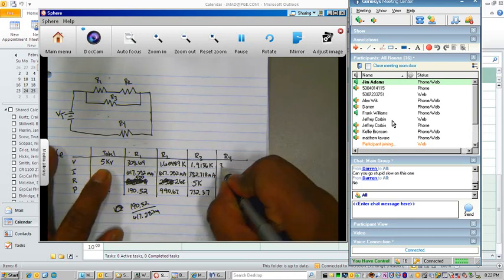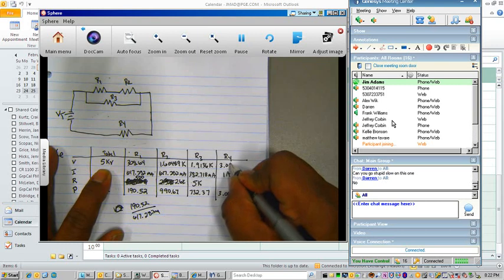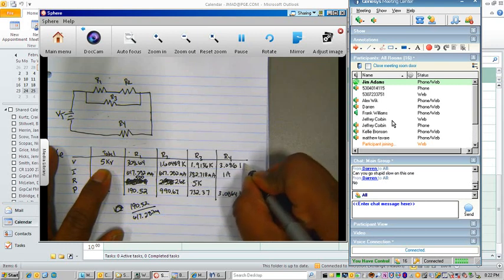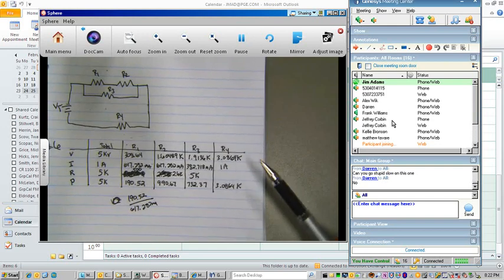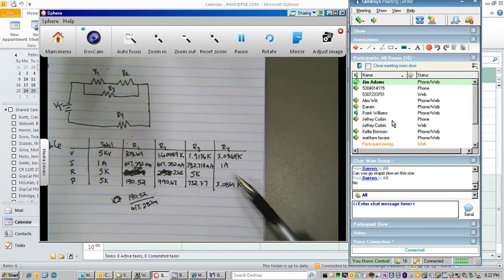It'll be 5 K minus 1.91 K, which is 3.0864 K.